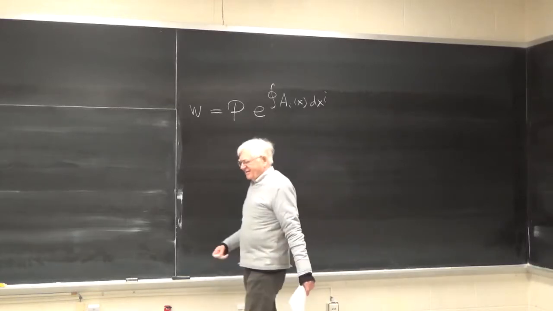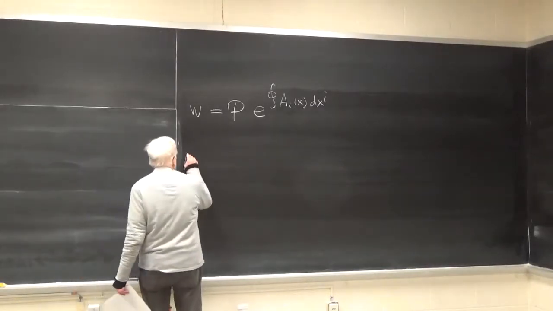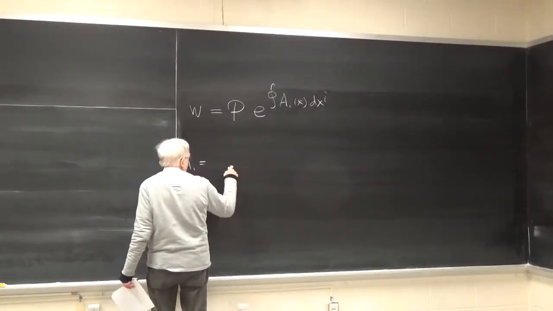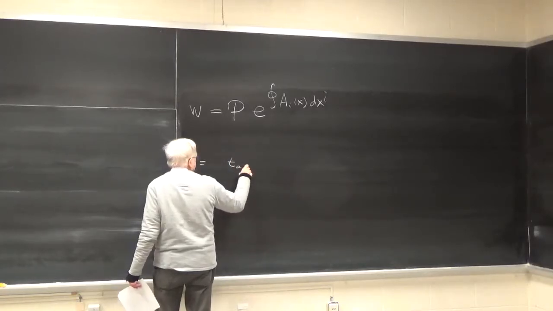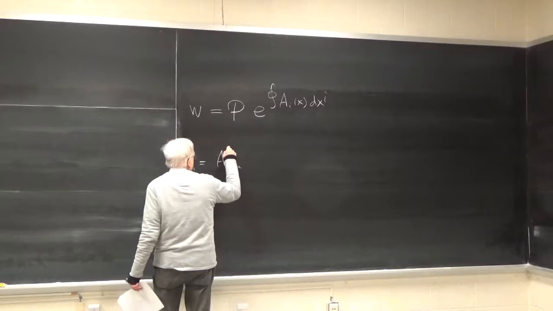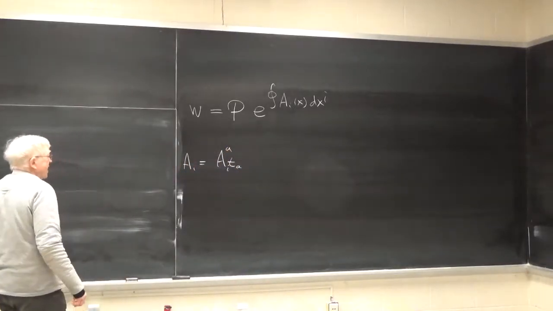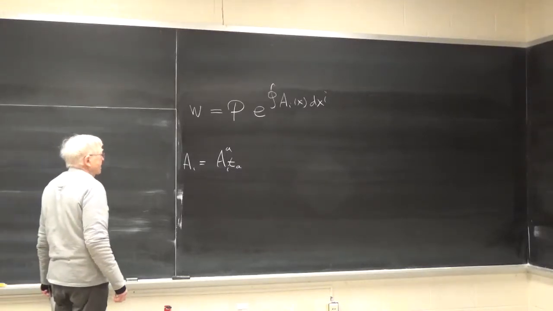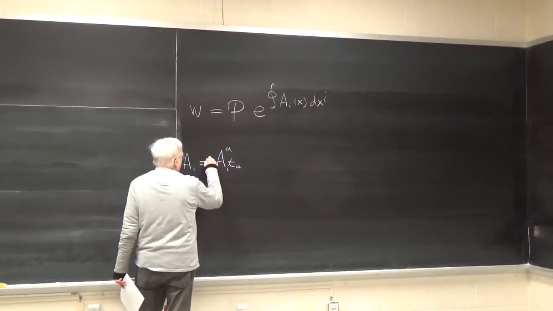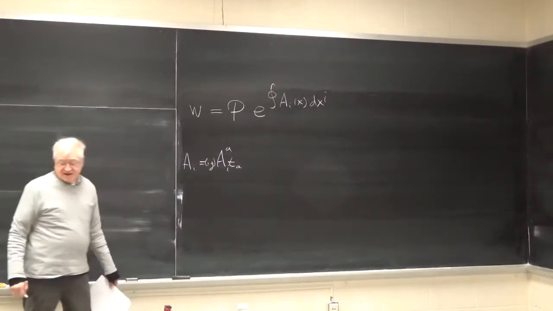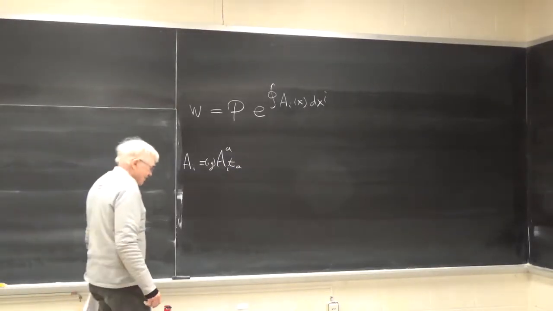These gauge fields have a generator in it, T sub a, and it's A sub a i, and I think it has a coupling constant, and it has also a factor of i.